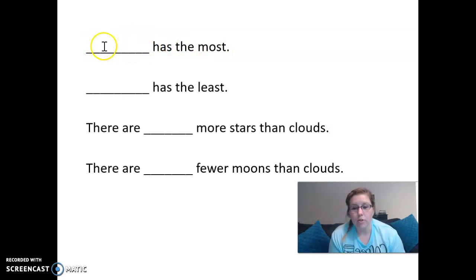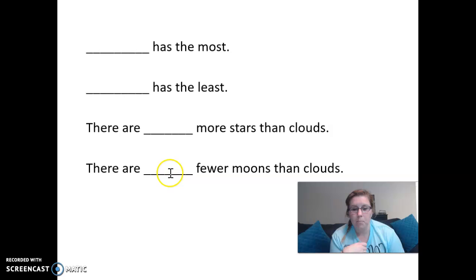So in this, you can either draw or write the word moon, cloud, or star, has the most. Then you're going to think about your graph and which one has the least, moon, cloud, or stars. Now, there are blank more stars than clouds. So you're going to compare the stars and the clouds.